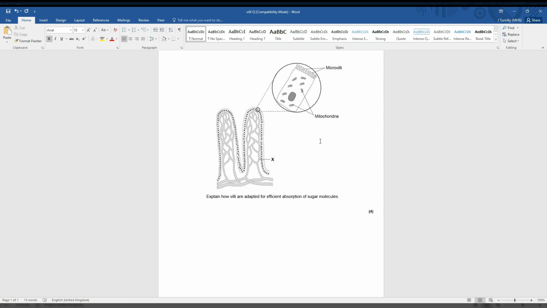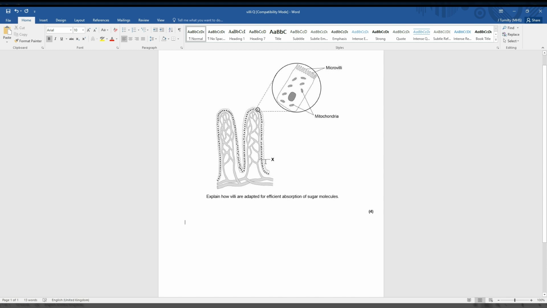So one thing we can notice is that according to this diagram, if we didn't know anything about villi, is that we can see the cells have been drawn on individually, and we can see that actually this membrane around the villi is only 1 cell thick.